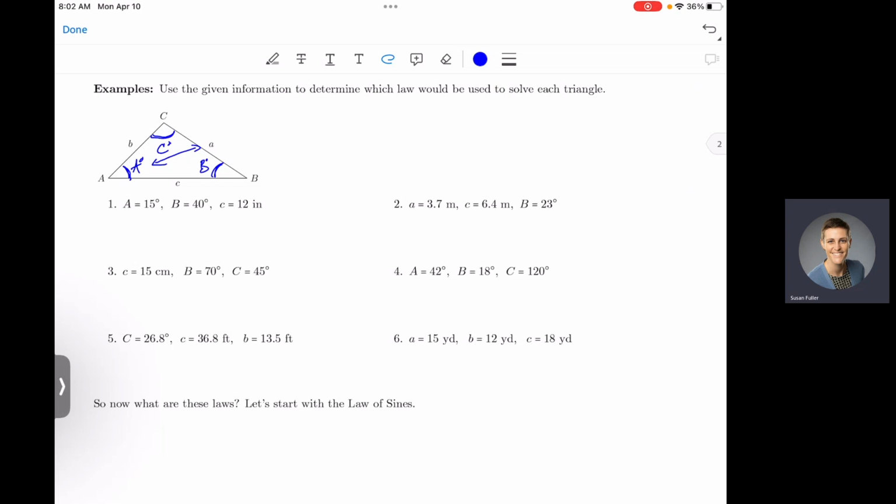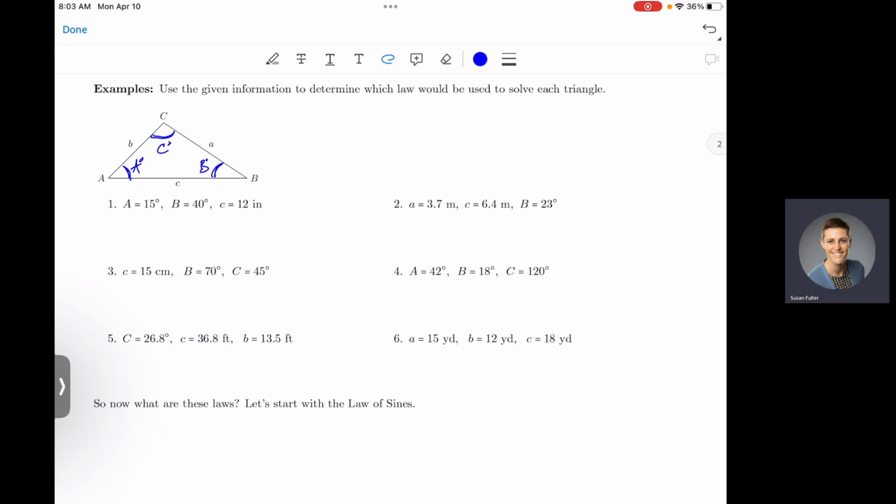So side A is opposite angle A. Side B is opposite angle B, and so on. That is our kind of standard naming scheme. Which angle is A, which one's B, which one's C can vary, but typically once you lock in where your angles are, the sides are labeled opposite those angles.